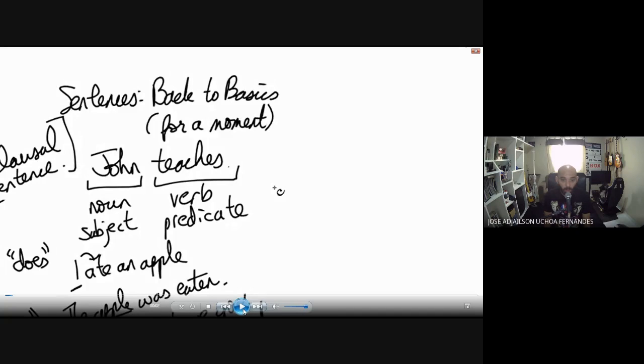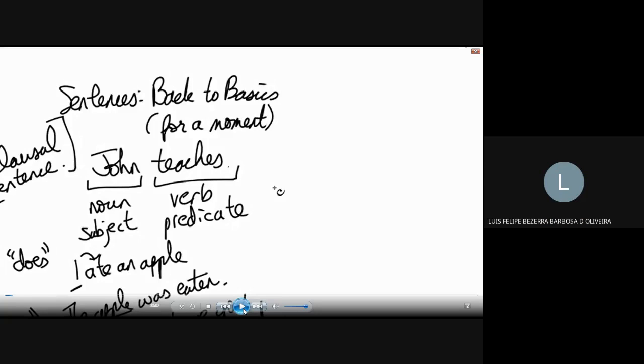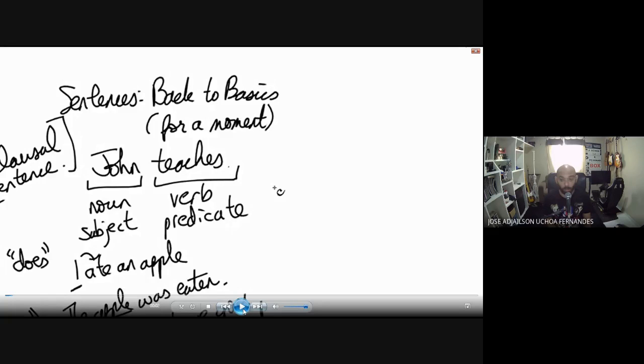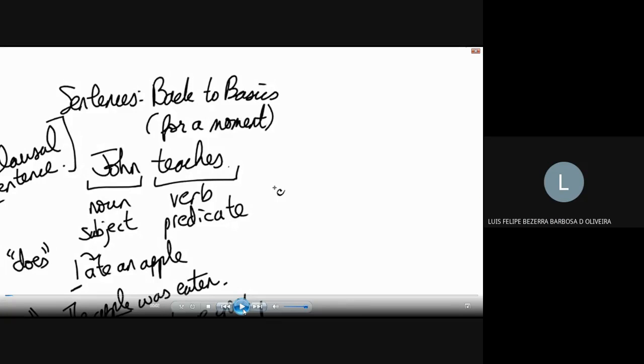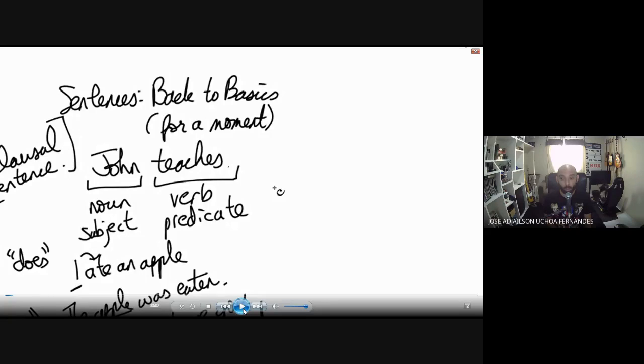First of all, the subject, in terms of order, comes... What are the basic elements of a canonical clause? Subject, verb. Before the verb. The second conclusion? It has to agree with the verb. Agreement. And the third conclusion, he will use a non-canonical structure, which is the interrogative, to check, does it invert with the verb? If it does, it is the subject.